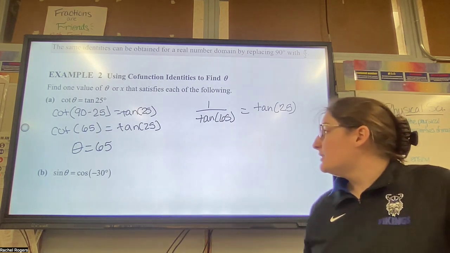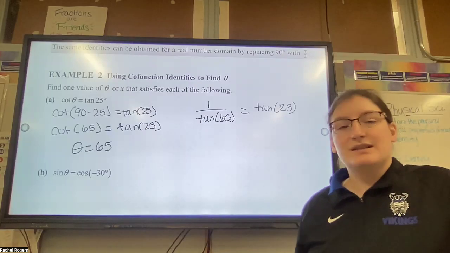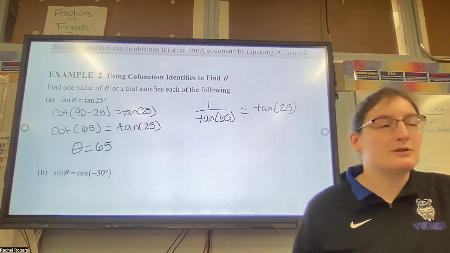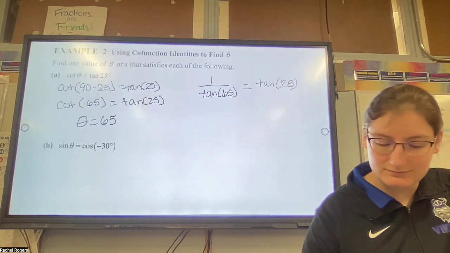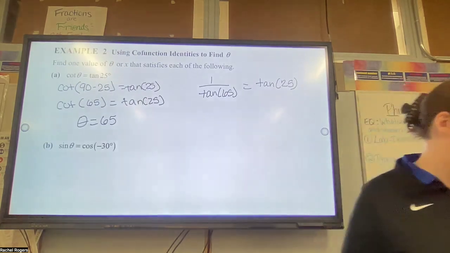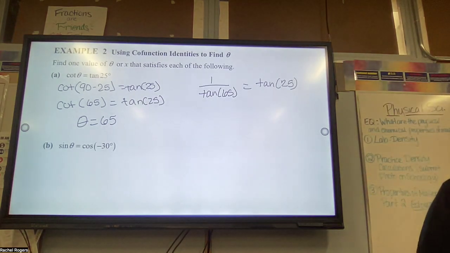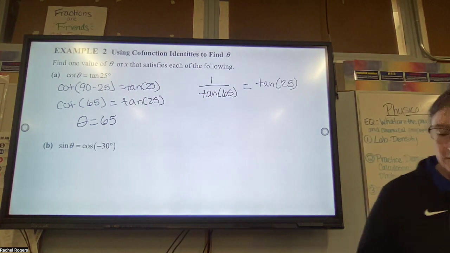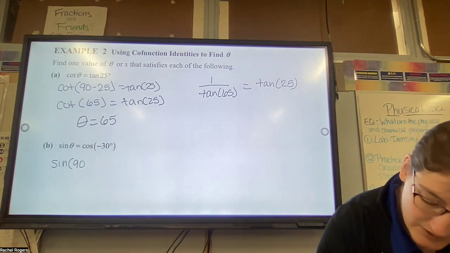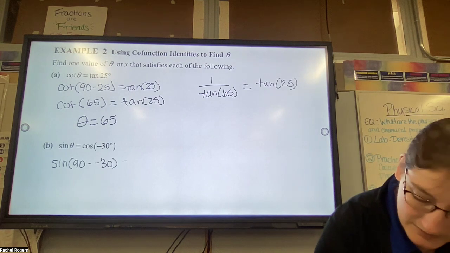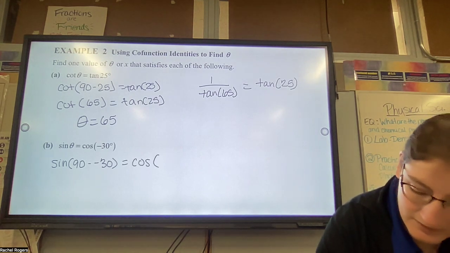All right, take a look at B. Sine of what is equal to cosine of negative 30? It is 120. So sine of 90 minus negative 30 is equal to cosine of negative 30.